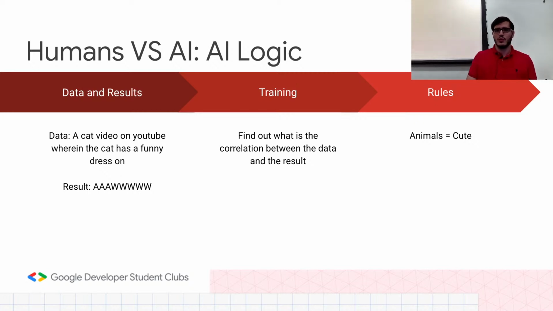So now the computer brain will learn that if it sees a cat in a funny dress, the result should be aww. And that's what it spits out as the rules. Later on, when you finish training the computer brain on this data, which is the cat video and the result for it, you can use it on data it has never seen before to predict. And that's pretty much the way.